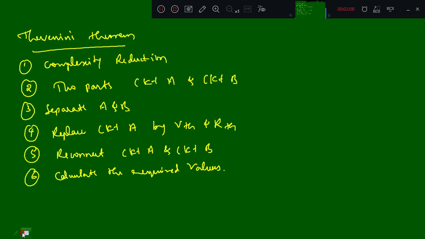So there is a procedure to find VTH and RTH. The final circuit looks like this.